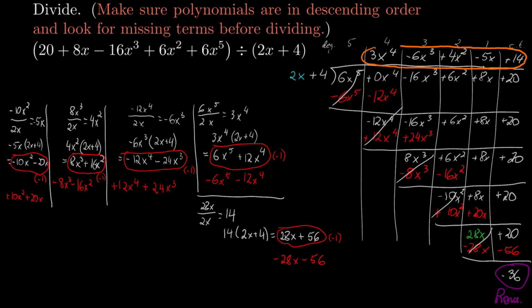And it's just a matter of writing the result of our division in the form quotient plus the remainder over the divisor. The quotient is 3x to the fourth minus 6x cubed plus 4x squared minus 5x plus 14, and then plus the remainder negative 36 over the divisor 2x plus 4.